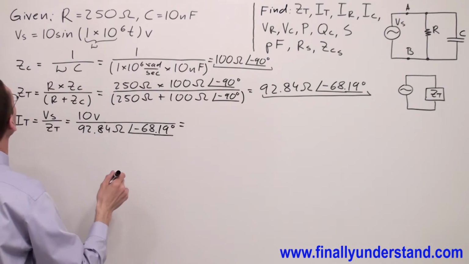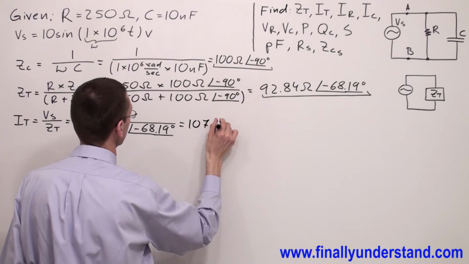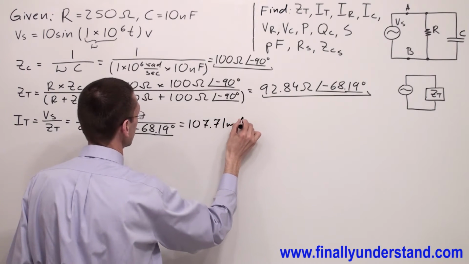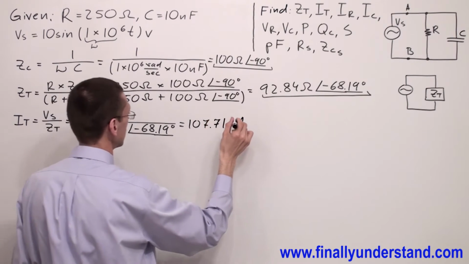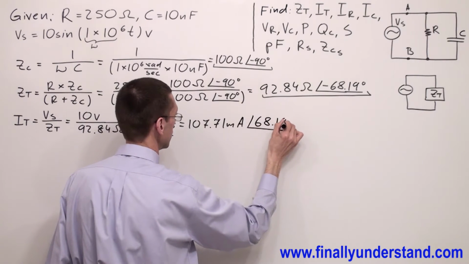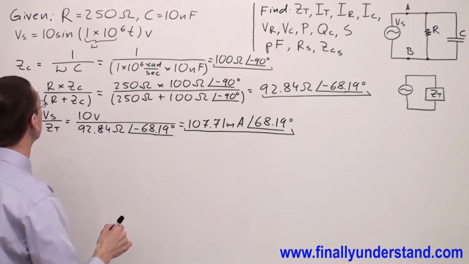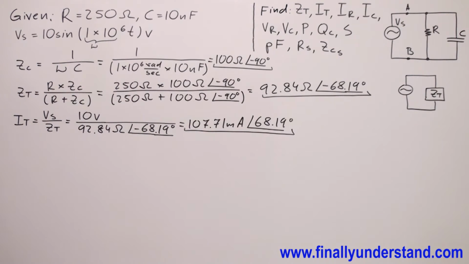This is equal to 107.71 milliamps and angle of 68.19 degrees. This is my total current.